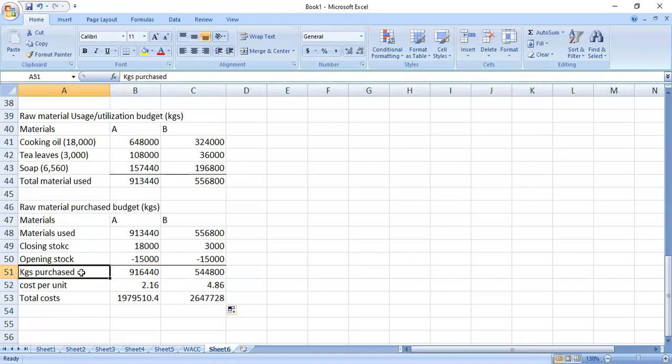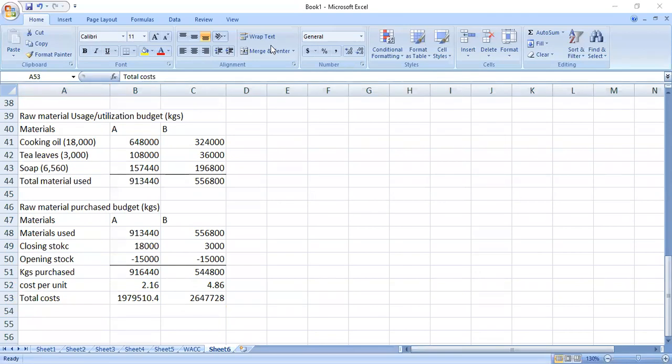Then you attach the cost per unit to get the total cost. That is if they ask for raw material cost budget or material purchased budget. Purchases can be in terms of units or cost, and you can't find cost without finding units first.